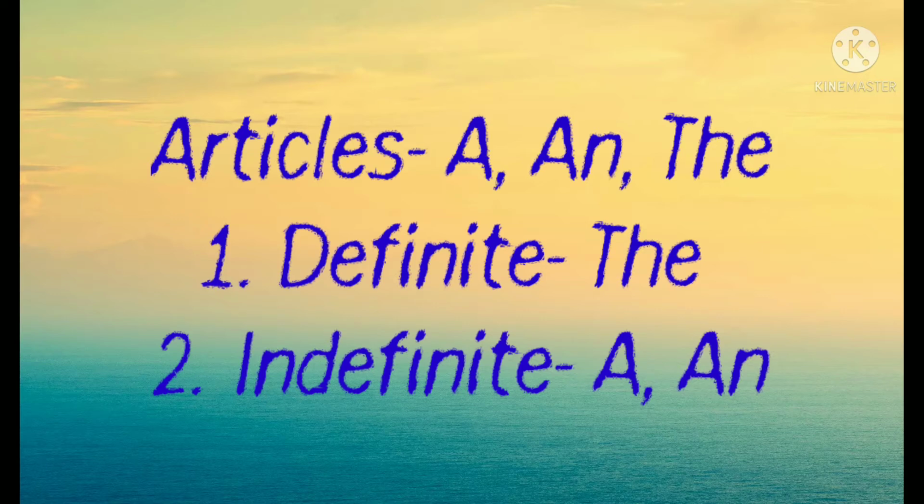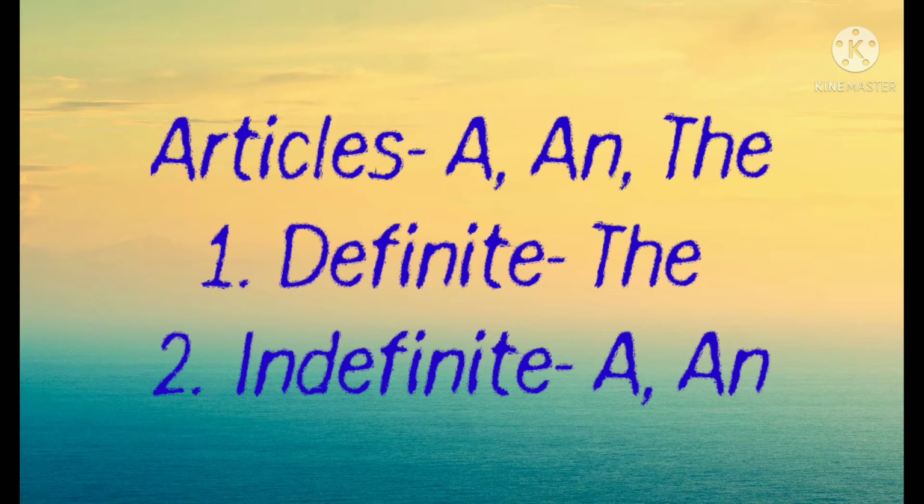Articles, all of us we know, A, An and The. These 3 are articles we are learning from our childhood days. But we are a little surprised to know that these articles are also called the determiners. Yes, they are, as they define and they modify the nouns.